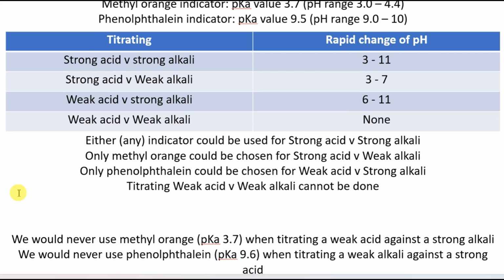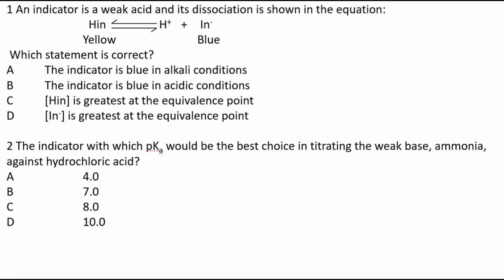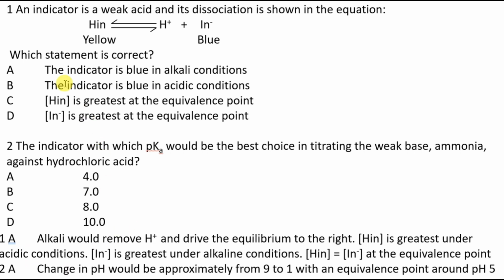Two questions to end with, based on questions I've seen in past papers over the years. Take a moment, I'll go through and explain. Well, for A, an indicator is a weak acid and its dissociation is shown in the equation. The indicator is blue in alkali conditions, or the indicator is blue in acidic conditions.